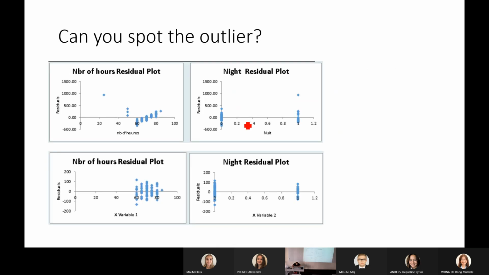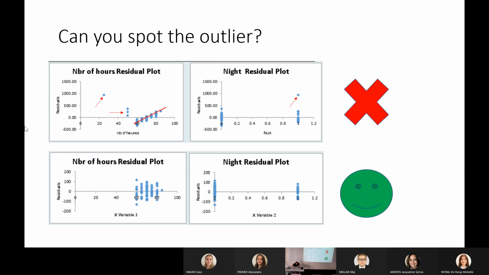Okay, can you spot the outliers? Do you see any outliers here? Yes. So actually, how do you see the outlier? I think it's pretty clear to see the outliers, but there is also something more interesting in this picture: the pattern.